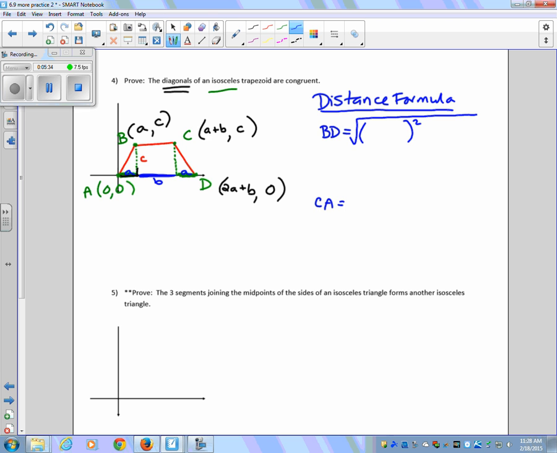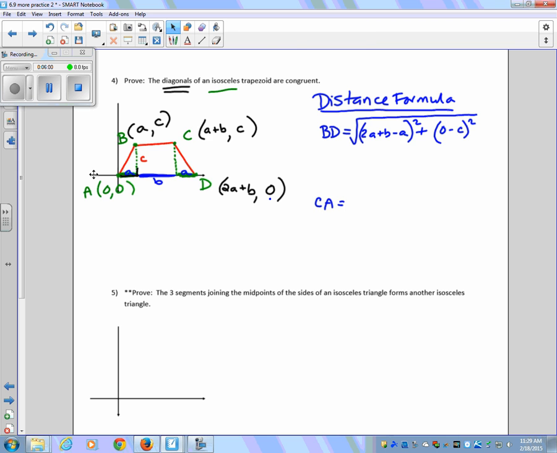All right, well, BD, A and 2A plus B. I think I'm going to start with my 2A plus B and subtract A. So 2A plus B minus A, squared, plus, now I'm going to subtract my y's, so I'm going to start with 0 minus C, squared.